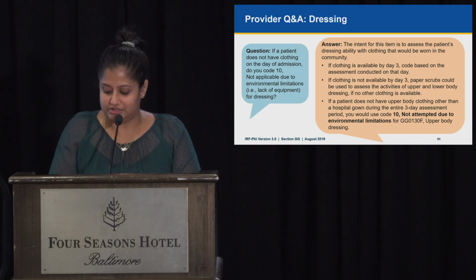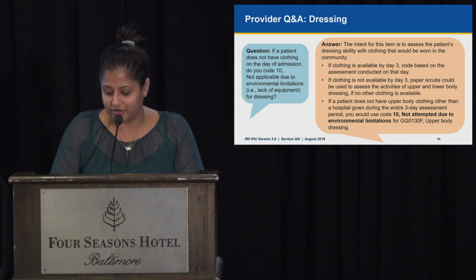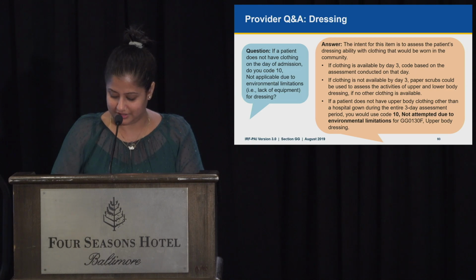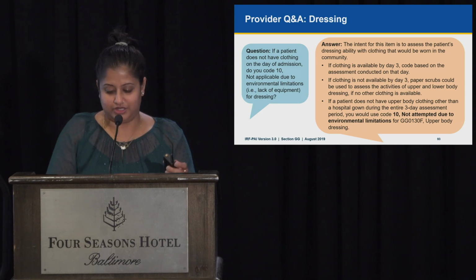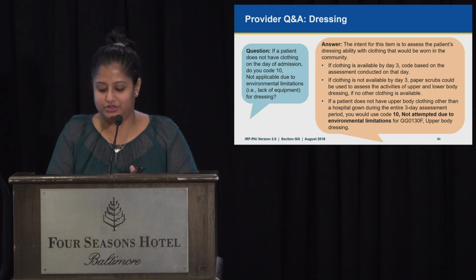And if a patient does not have upper body clothing other than a hospital gown during the entire 3-day assessment period, in this scenario, you would use code 10, not attempted due to environmental limitations, for GG0130F upper body dressing. Coding based on a gown only is not allowed because it would not represent what the patient's abilities are for dressing with the clothes that would normally be worn in the community.